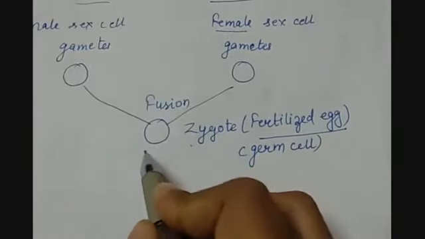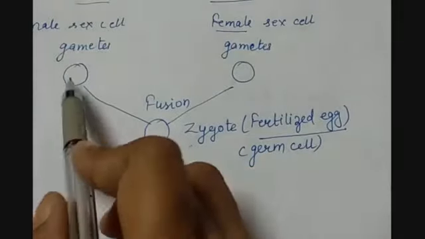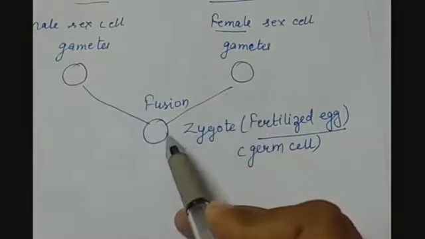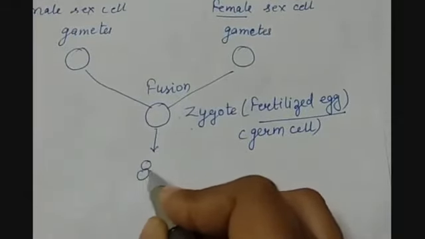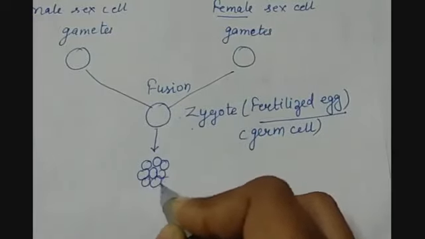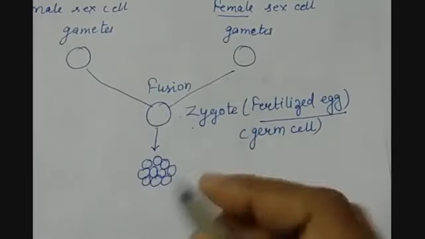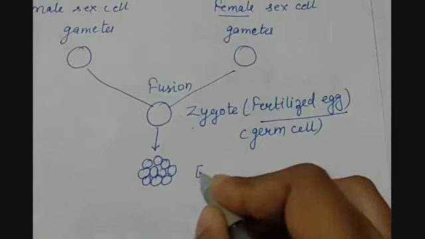Because of the fusion of these two cells, one new cell has formed. Now this new cell develops, the number of cells multiplies, and now this is called an embryo.